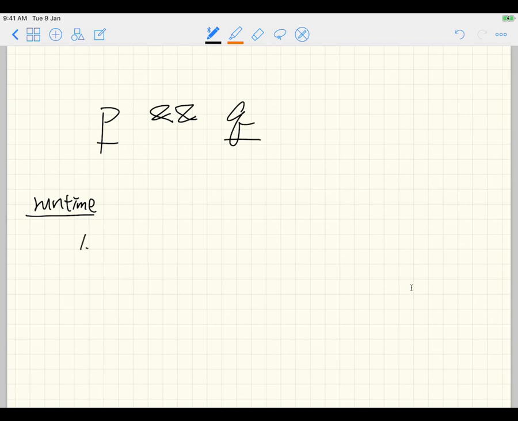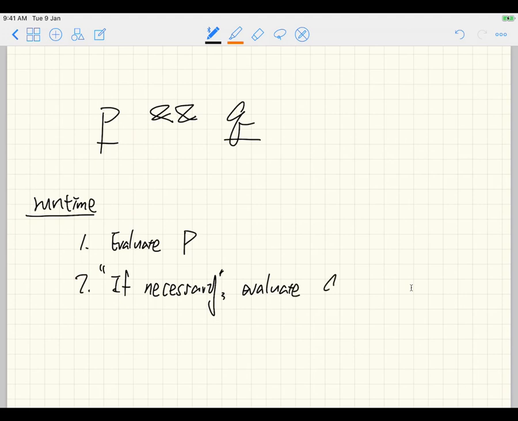Runtime number 1 evaluates P from left to right. And then I would say if necessary, so here if necessary is important, evaluate Q. At the runtime, this is what's going to happen. Again, it's from left to right. Do P first, and then evaluate Q if necessary.